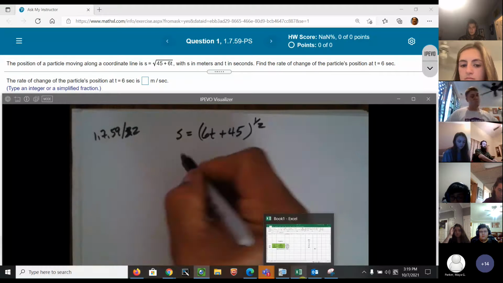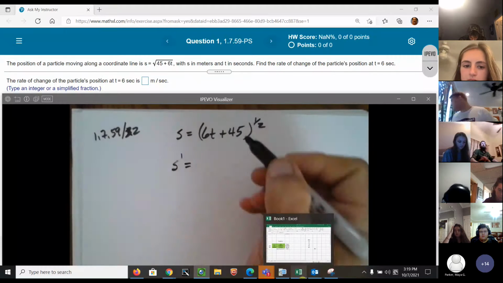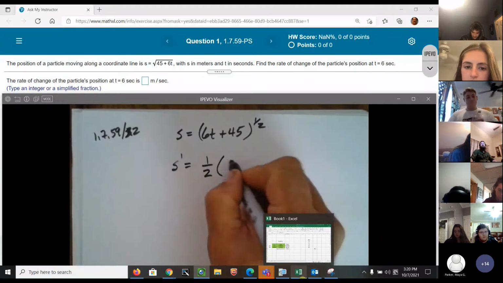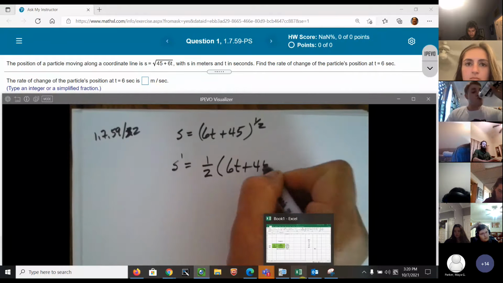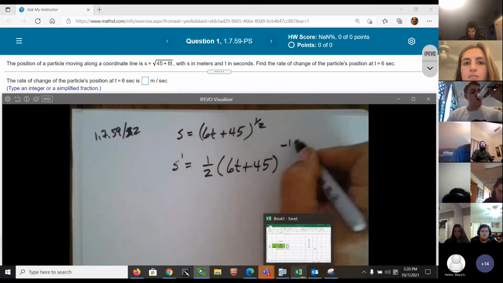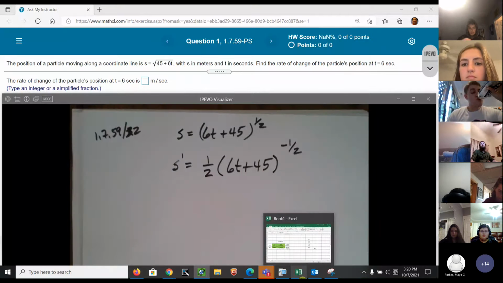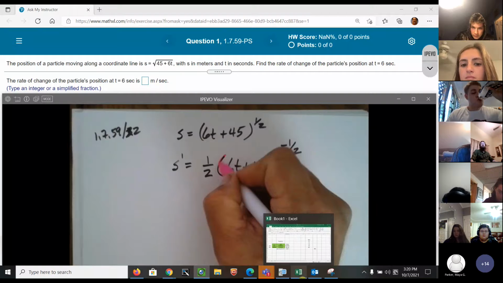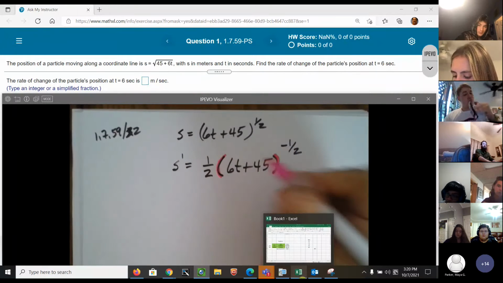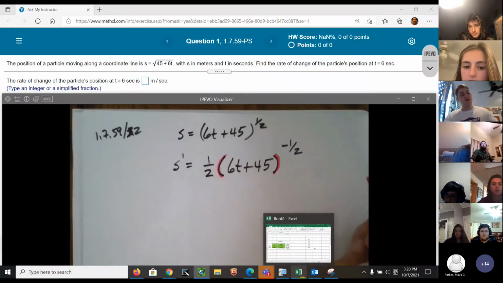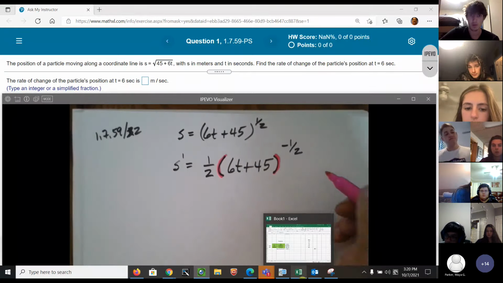So S prime is equal to 1/2 (6t plus 45) to the negative 1/2. And somebody tell me what the derivative of 6t is. 6.